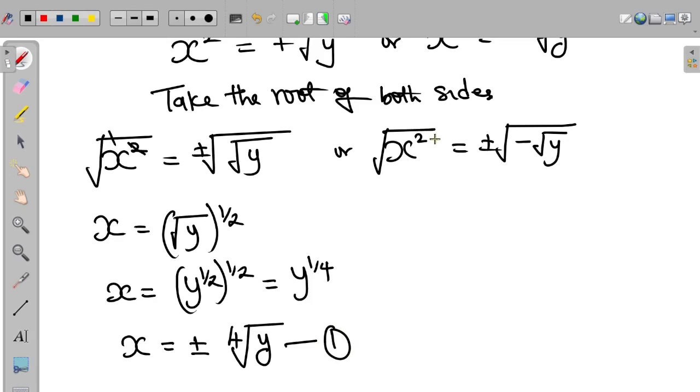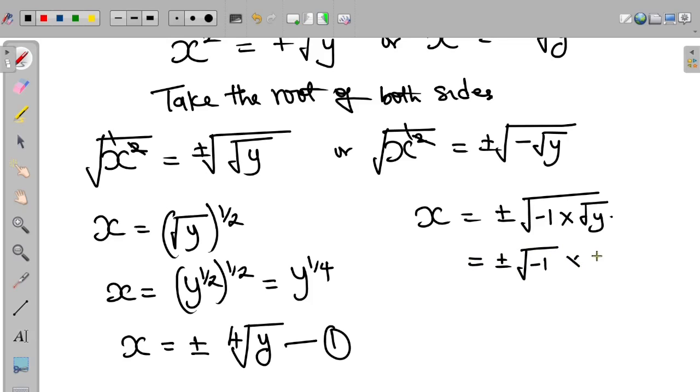Now at this point also, we know that square will cancel out root, so x is equal to plus or minus, we have root of minus 1 times root of y. And this can further be expressed as plus or minus root of minus 1 times root of y. But i is equal to root of minus 1.